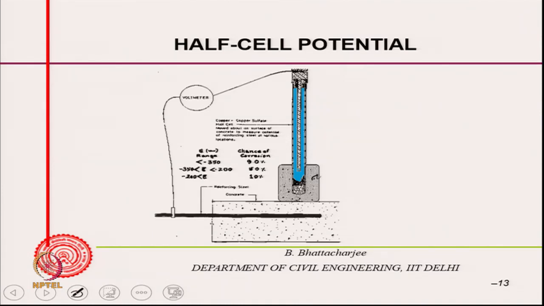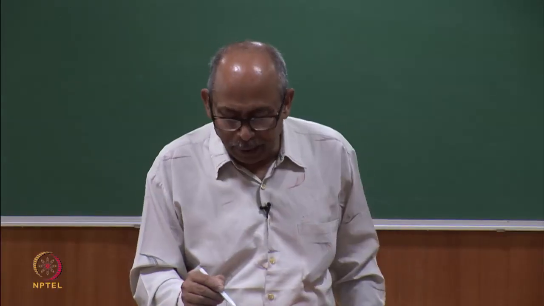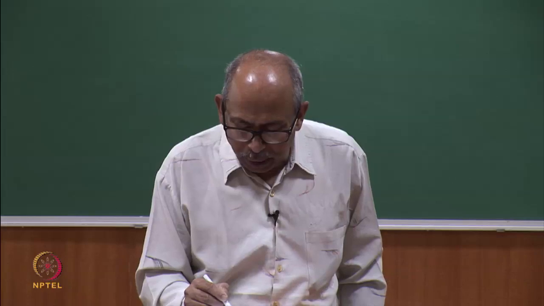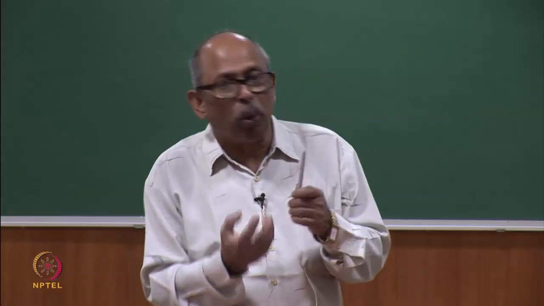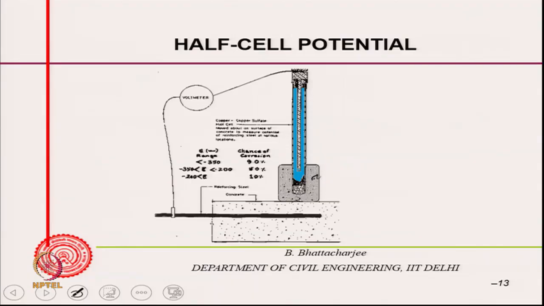Now, this is a sponge soaked in soap solution such that electrical contact is built, and here there is a porous plug. So, it is a tube with the bottom open, there is a porous plug through which this copper sulphate solution is actually all moist, all saturated with water. So, this is all conductive, and there is a voltmeter here.